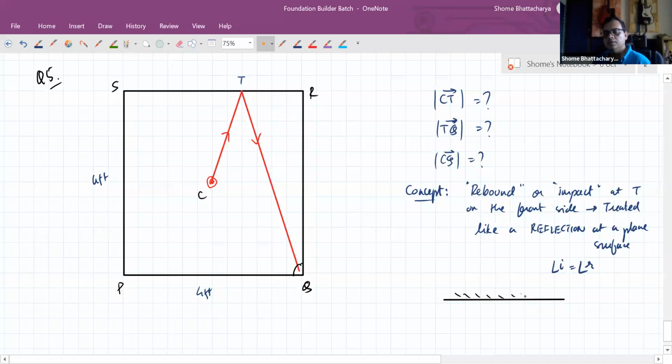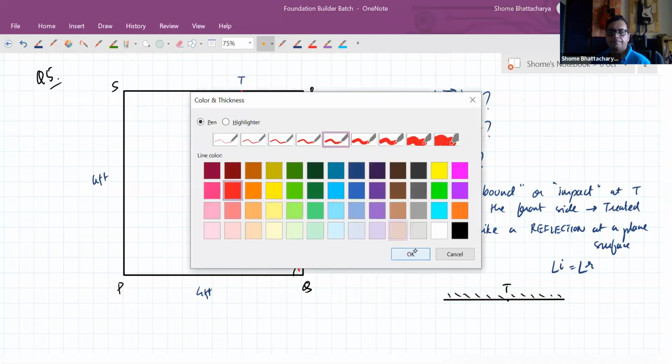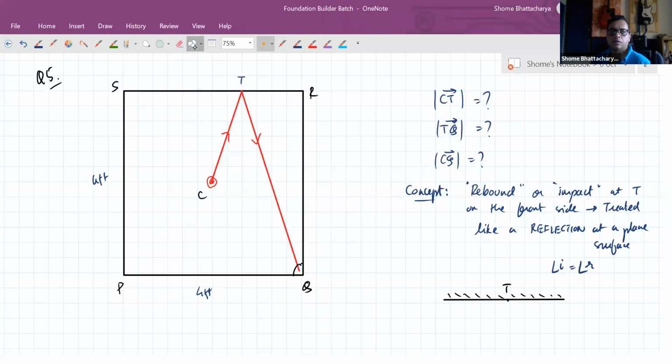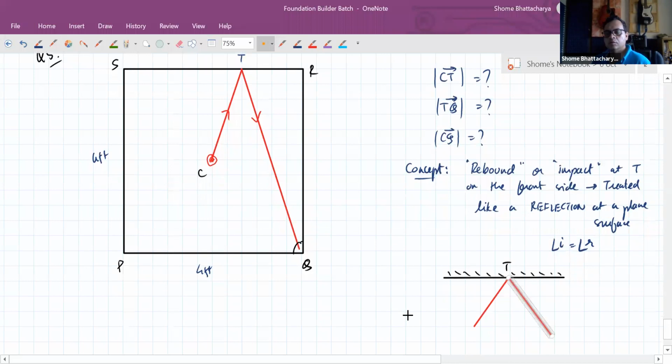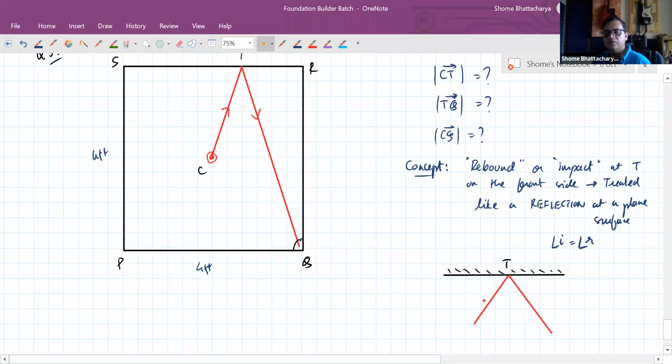Okay, and the incoming path and the outgoing path like an incident ray and a reflected ray at the point P. So this will be just treated like a reflection of light kind of situation, where this angle becomes equal to this angle.